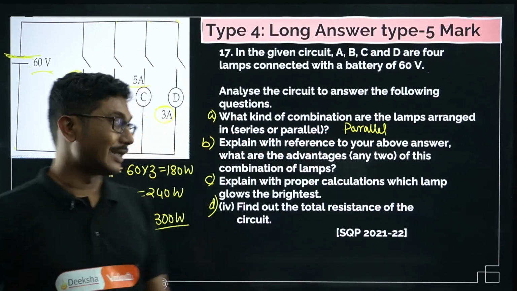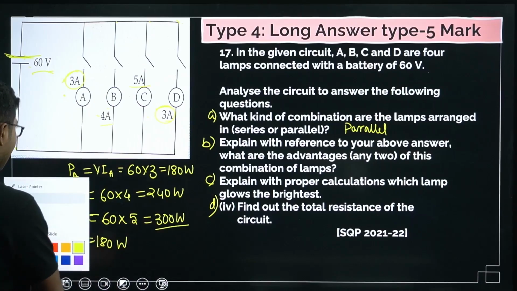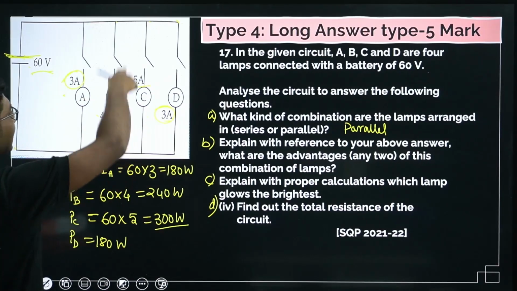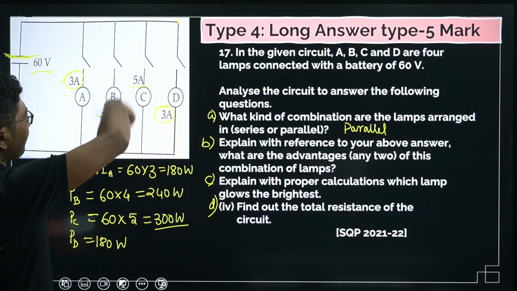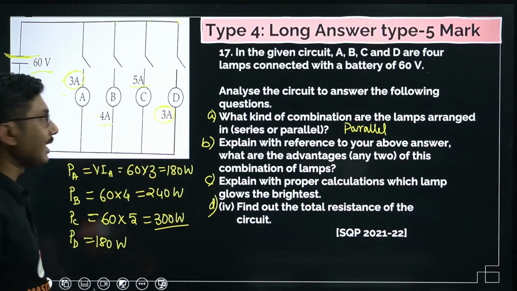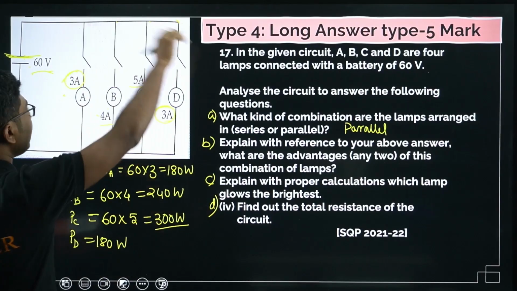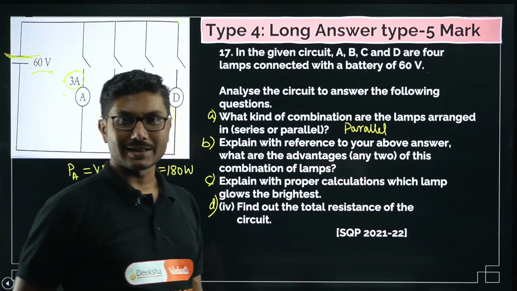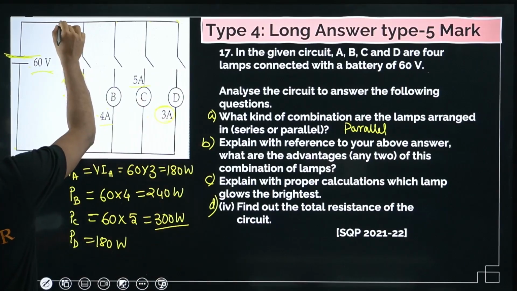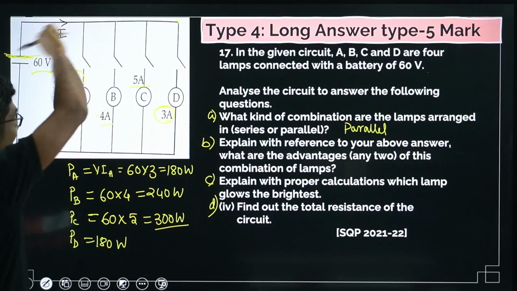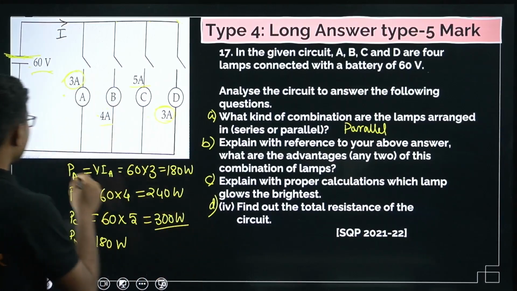So what is the trick? The trick is, here they have given you individual currents: 3 ampere, 4 ampere, 5 ampere, 3 ampere, right? So what we will do is find the total current in the circuit. Remember that the total current which is getting input into the circuit, the same current is coming out of the circuit.